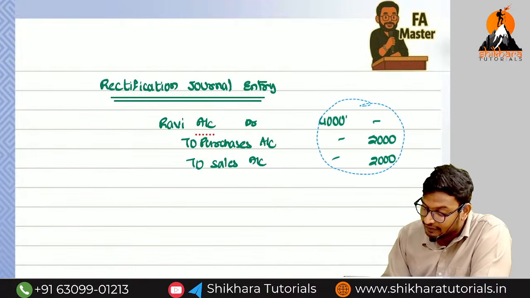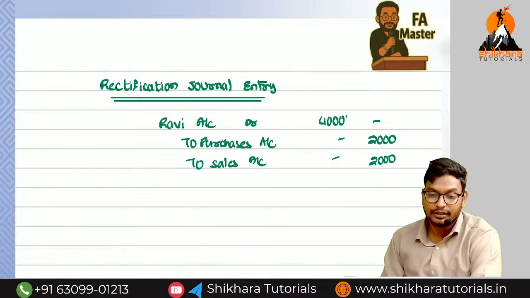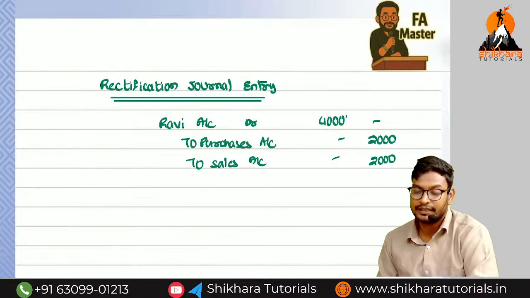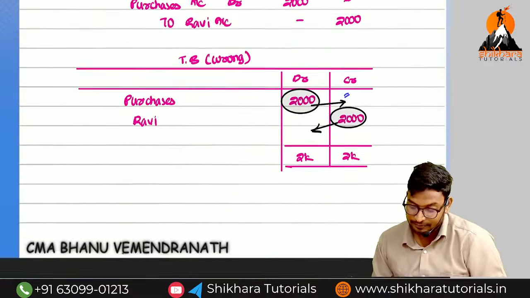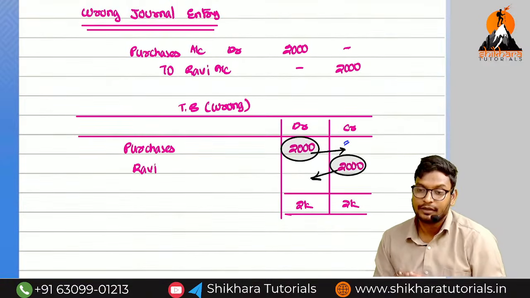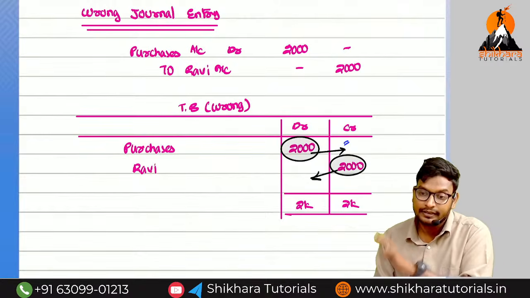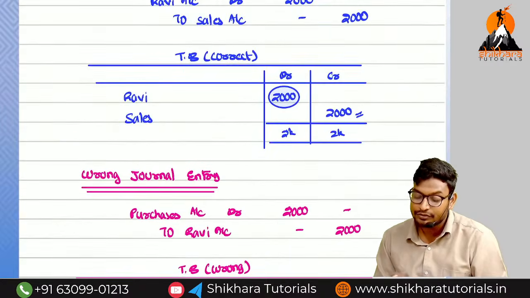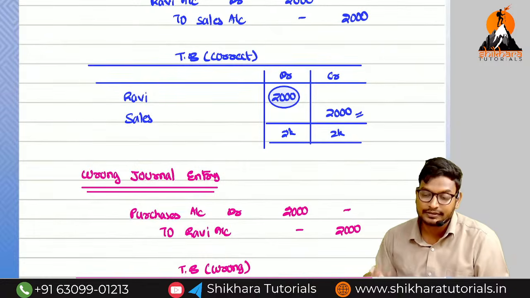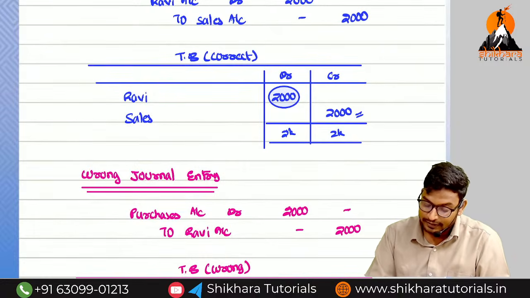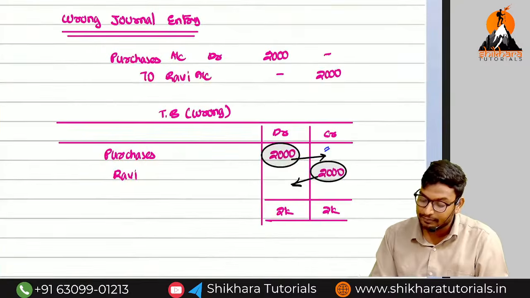Now you have identified the important point about preparation of the trial balance. Are you getting the point? So here, simple. Wrong means we have to transfer the balances. If it is a debit, it goes to the credit side, and credit goes to the debit side. Right means we should not disturb the balances, we have to record on the same side. For that reason, here also Ravi debited, here also Ravi debited with 2,000.